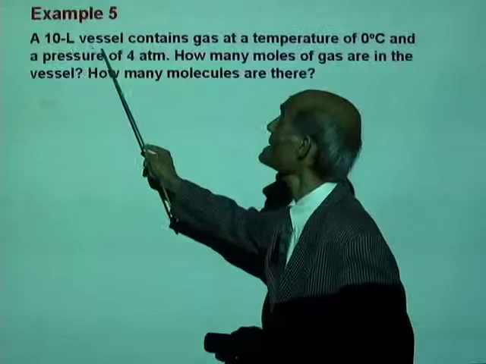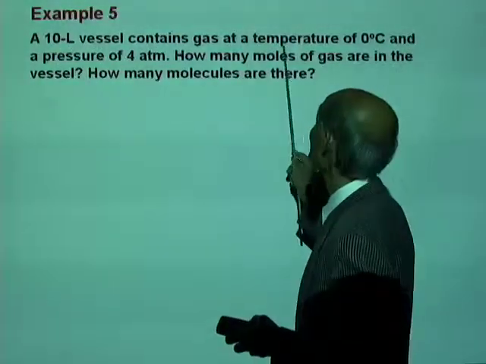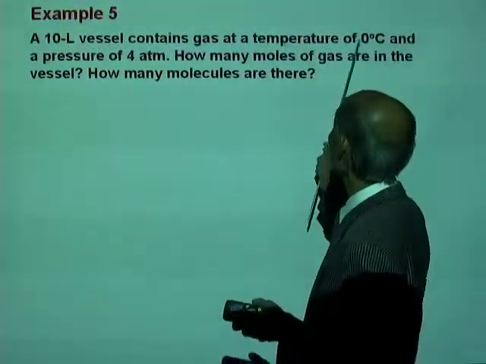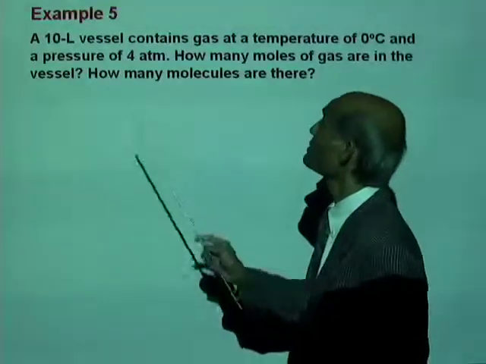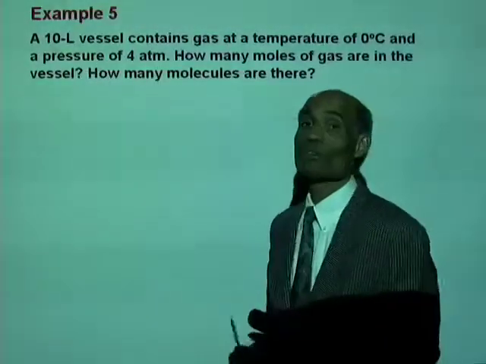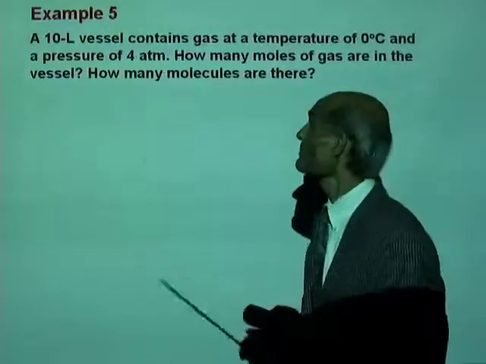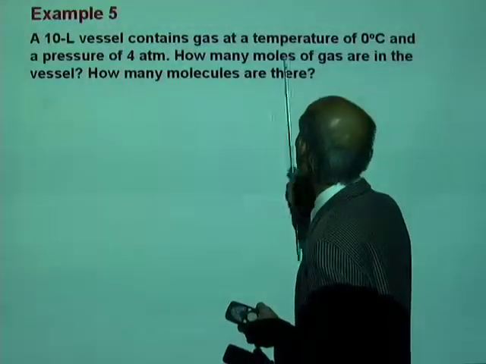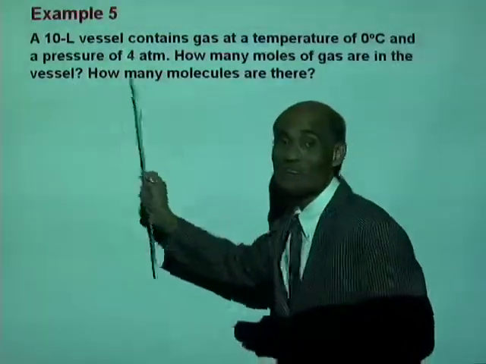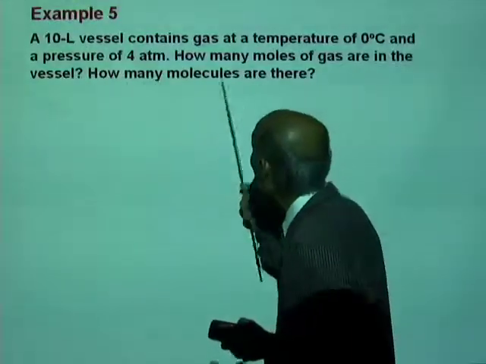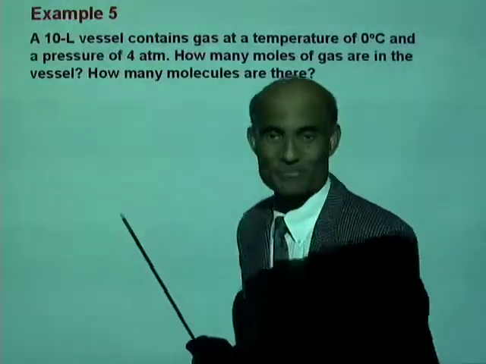Okay, another one. A 10-liter vessel contains gas at a temperature of 0 degrees Celsius and a pressure of 4 atmosphere. How many moles of gas are in the vessel? How many molecules are there?